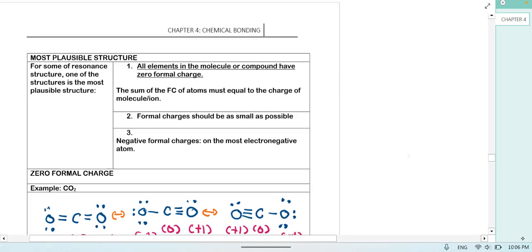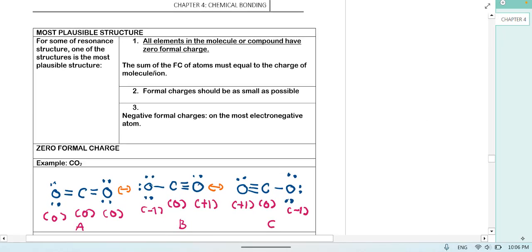So we look at the first example. Here we have carbon dioxide. I can draw carbon dioxide like this. Carbon as central atom, and this carbon has two double bonds. And then structure B, carbon is the central atom, and this carbon has a single bond with one oxygen and a triple bond with another oxygen.